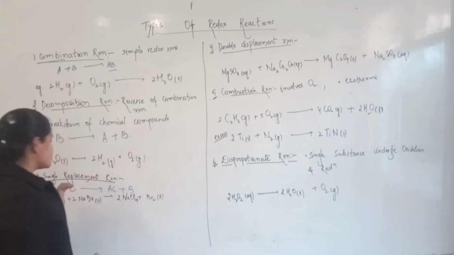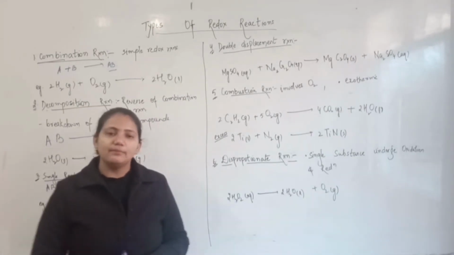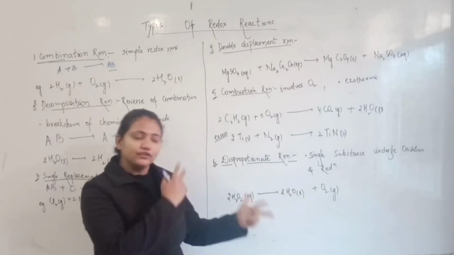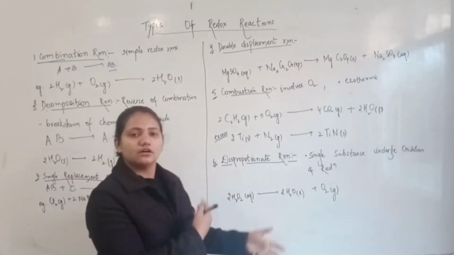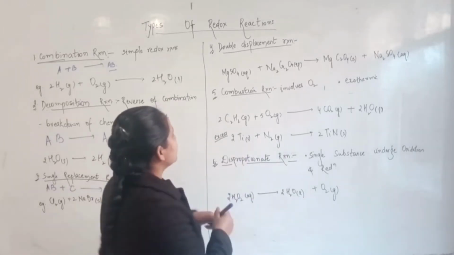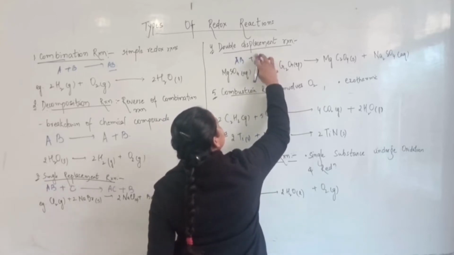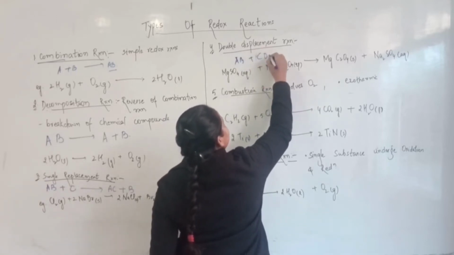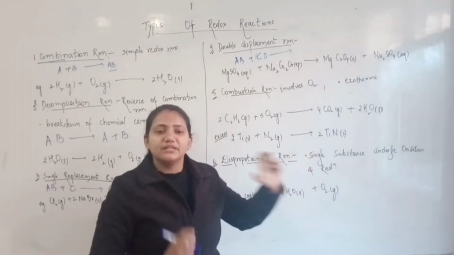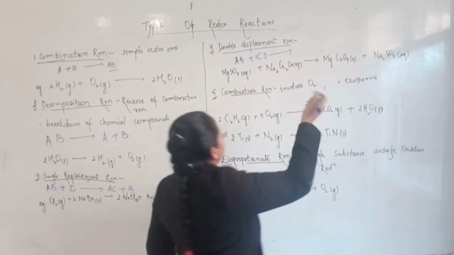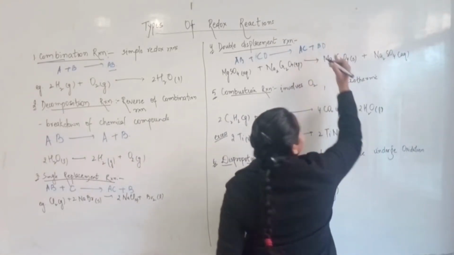Similarly, because this was the single replacement reaction, we have the double displacement reaction as well. In a double displacement reaction, one element from each of the two reactants combines with the other in the products. In general, AB plus CD forms AC plus BD.